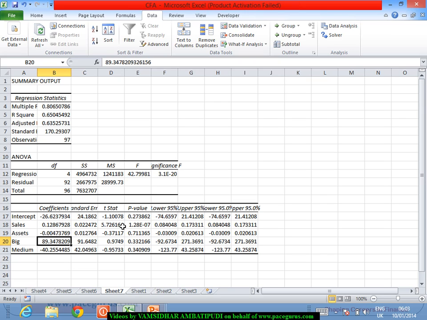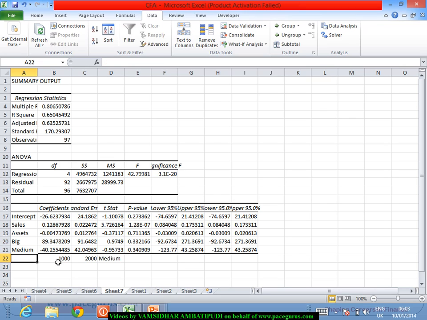So we could have, if a new company, let's assume now a new company with some sales and some assets, and let's say it's a medium company, it's under the medium category.